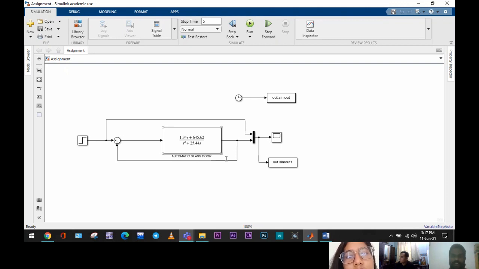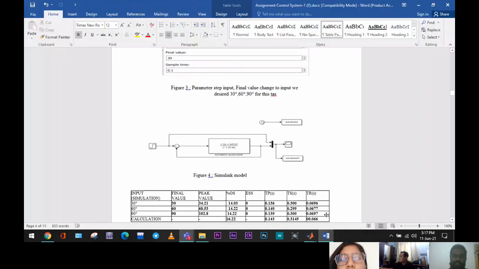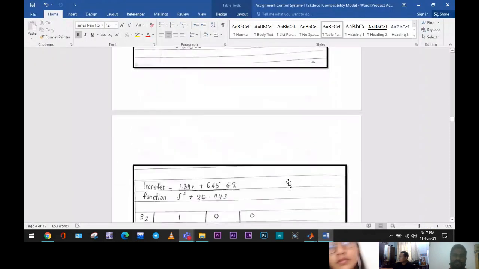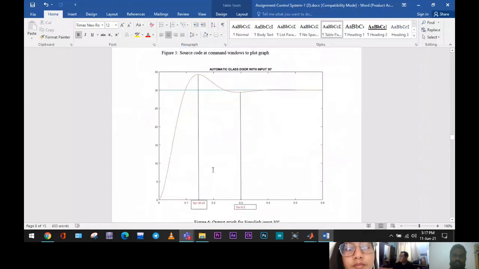Sorry, and then this will be the remote and the clock, which we have already set. As for the output, we can refer to our lab sheet. These are for the first one, using 30 degrees as input, and this is the graph that we obtained.